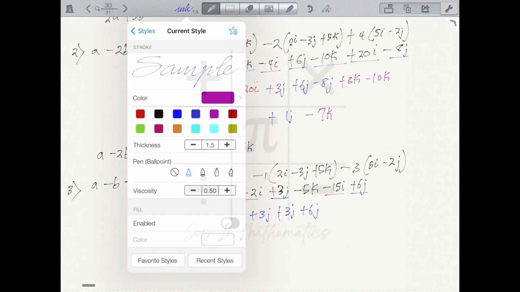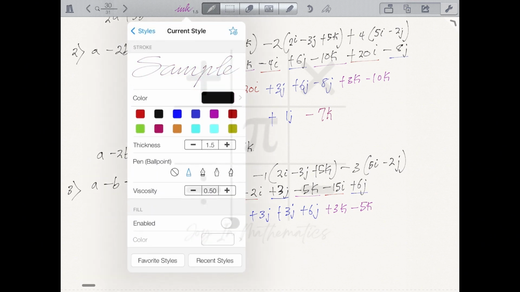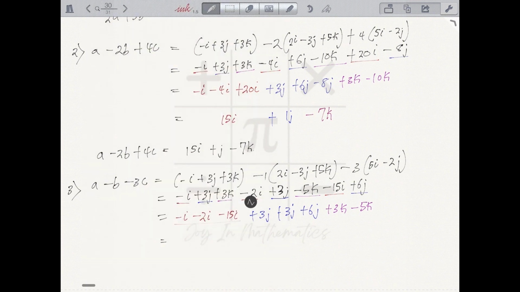And next on the line is the k component, which is 3k plus 3k minus 5k. So let's resolve everything together now, and we have minus i minus 2i minus 15i. This will give us minus 18i.